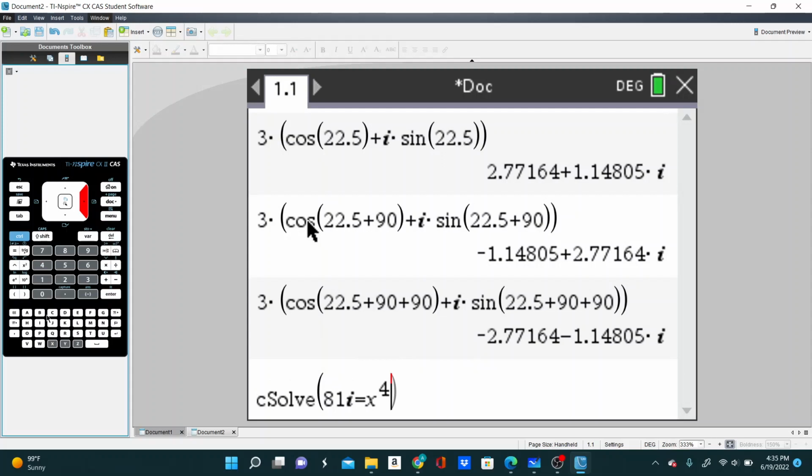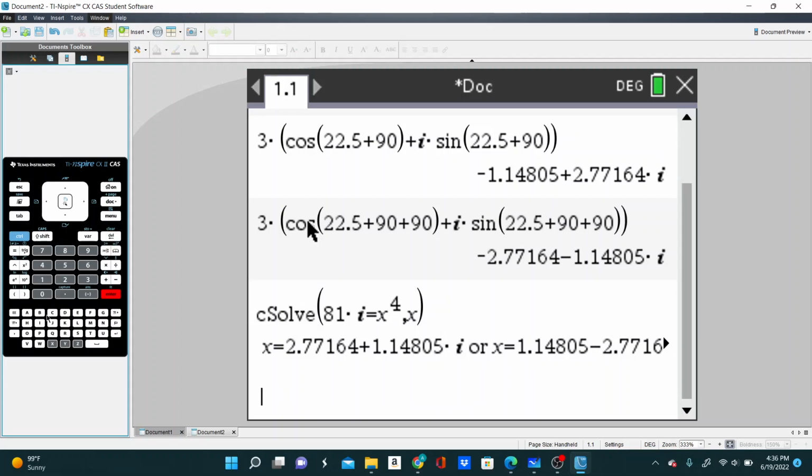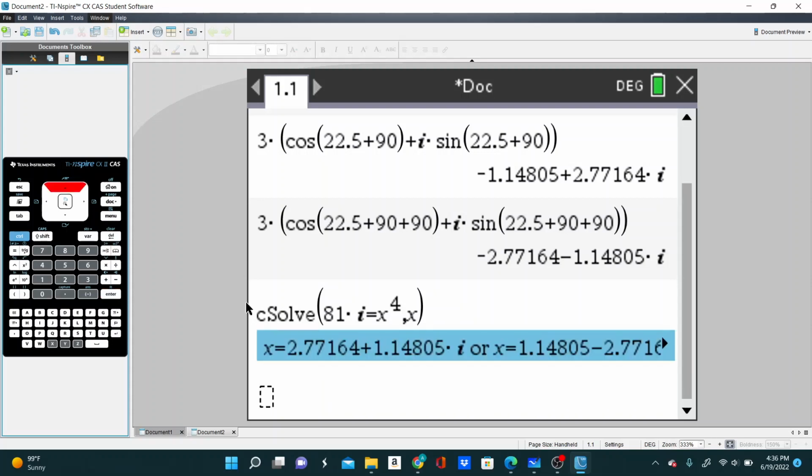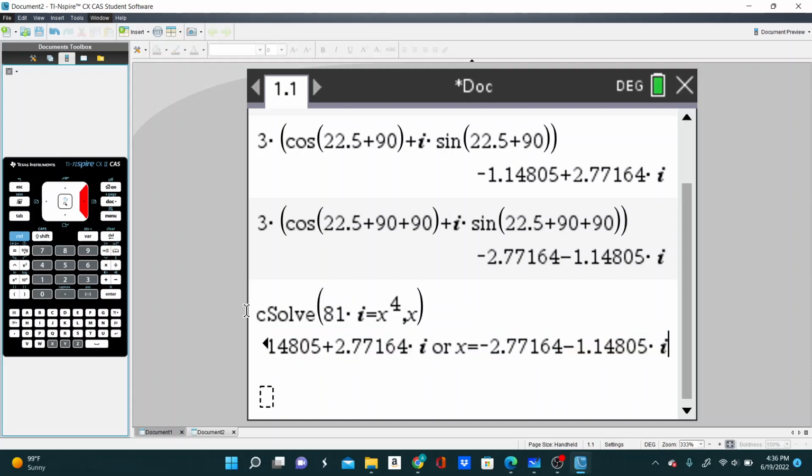And then when you solve for x, it'll tell you the four fourth roots of 81i. Looking here, this first one is the first root that we found. And the negative 2.77 minus 1.15i, that's the one all the way at the end.